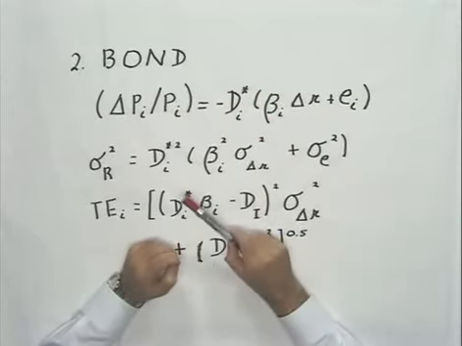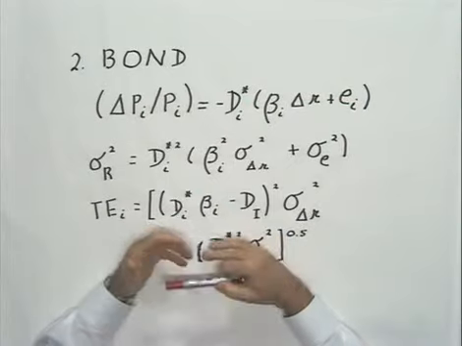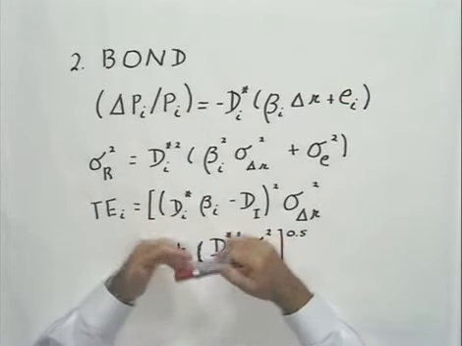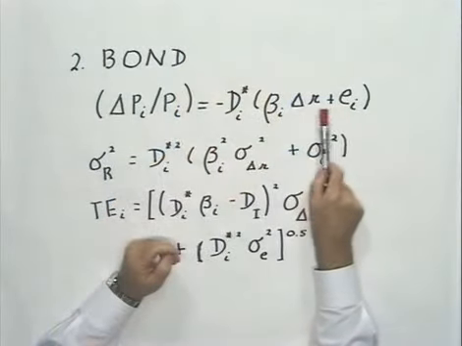Where does this part come from? It comes from a similar type of relationship as we have for stock, a factor model. So we have the sensitivity of bond yields to changes in rates in the market plus an error term. So it's quite similar.